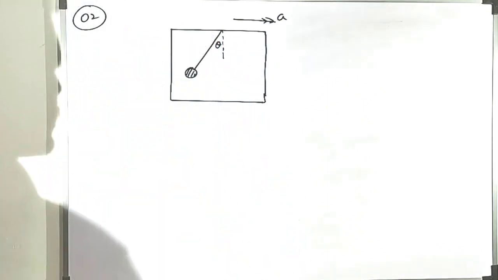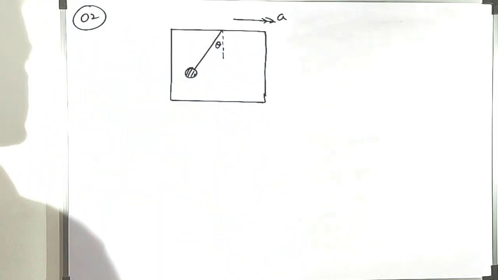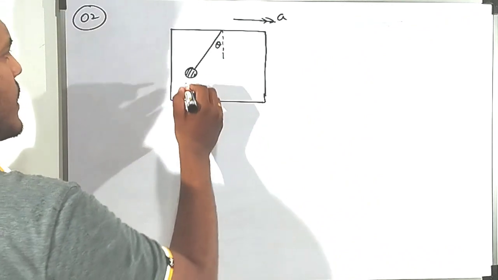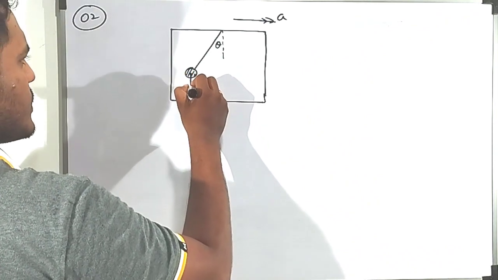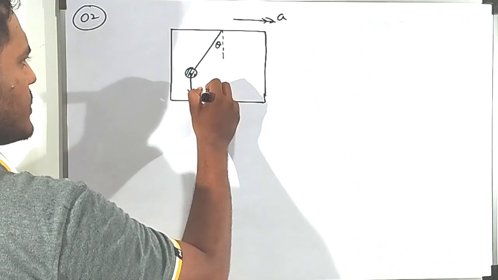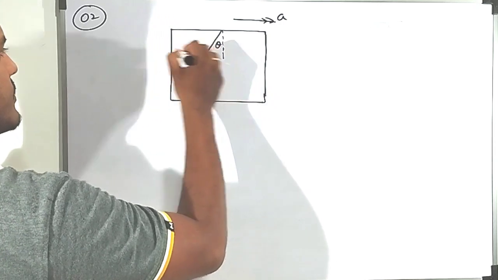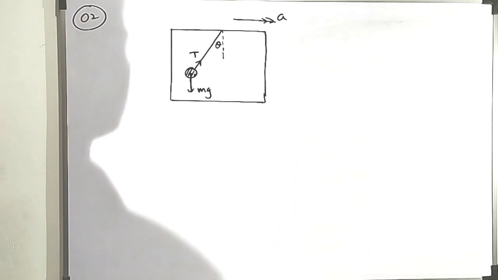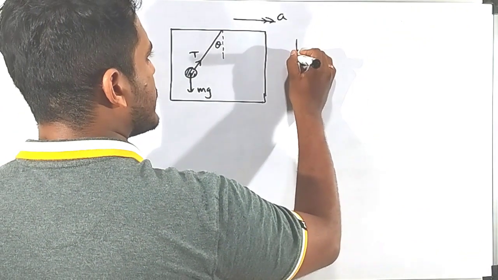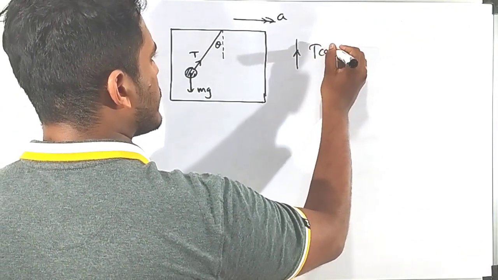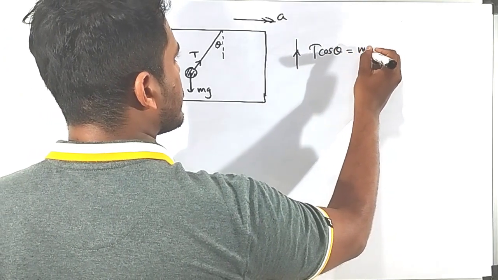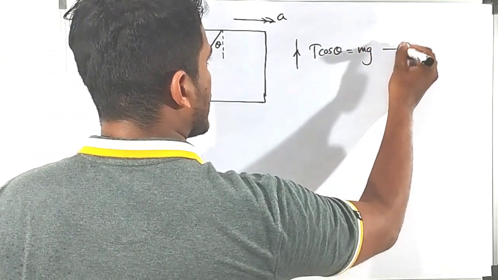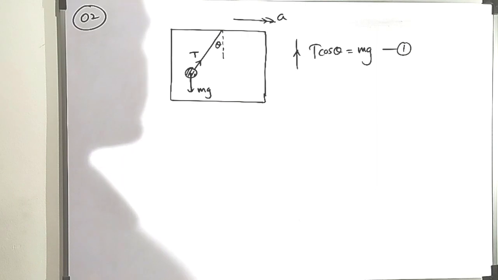Then the string will be tilted at a certain angle. Here the object's weight mg is exerted, then tension T. Considering the vertical equilibrium of the object, T cos theta equals mg. This is equation number 1.